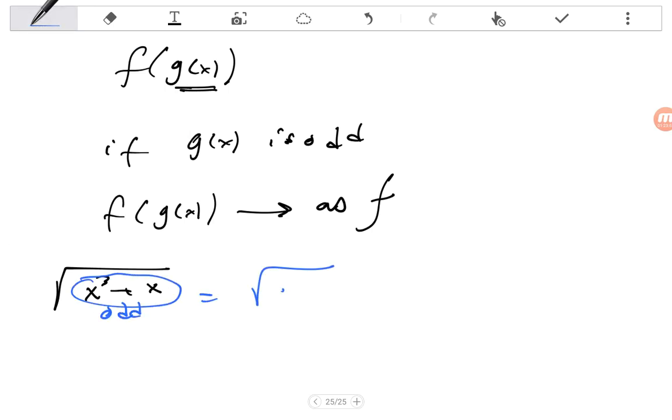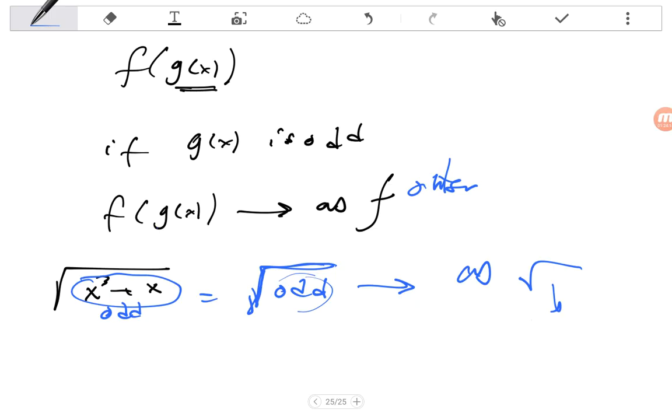So I need to know what is square root of odd. I just told you the rule that if the insider function is odd, then the composition of the functions will be as f. F is the outsider function. So that is as the root function. The root function is even or odd? General, yes. So this function will also be general.